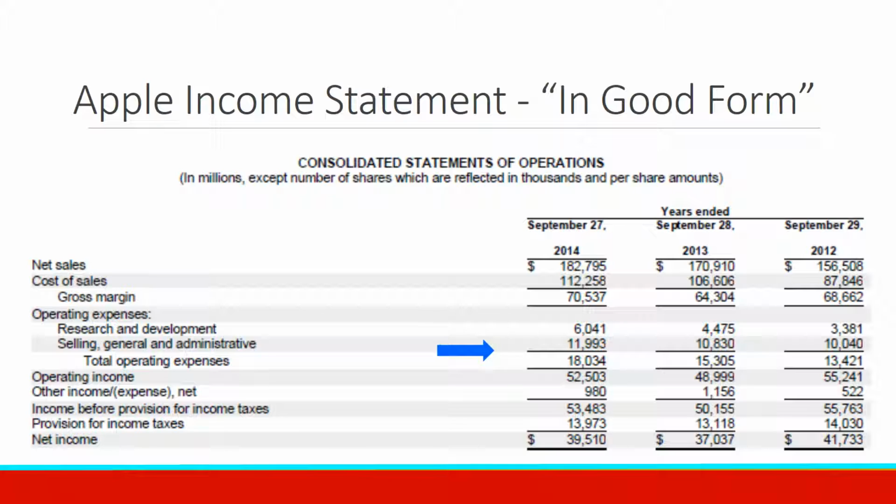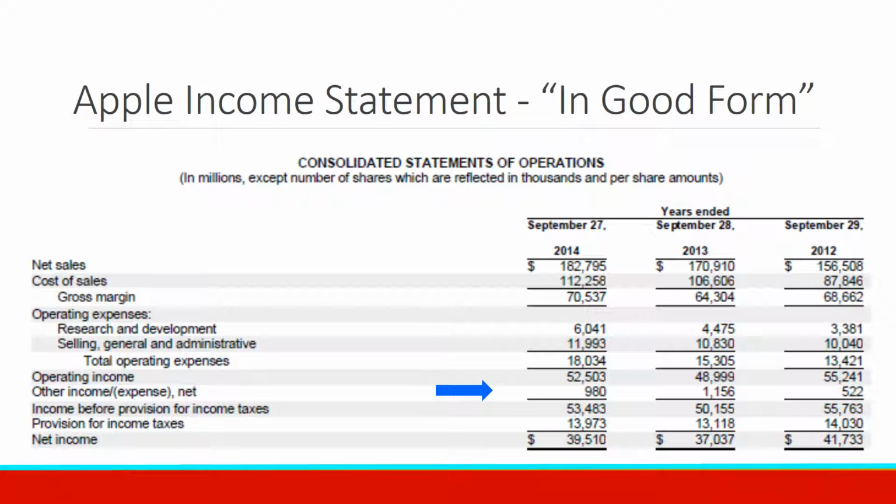In this case, you can see that Apple has 2 types of operating expenses: research and development, and selling and general. Again, you can see the blue arrow indicating it's optional at this point to have a subtotal. Most companies do have a subtotal for total operating expenses and also one for operating income. So the operating income is the gross margin less the operating expenses.